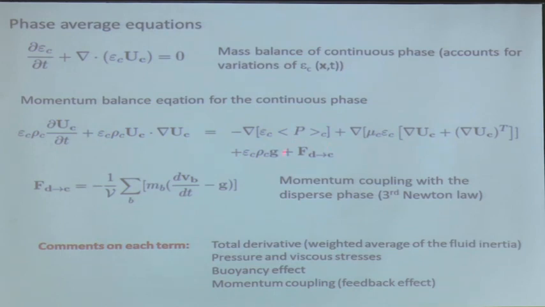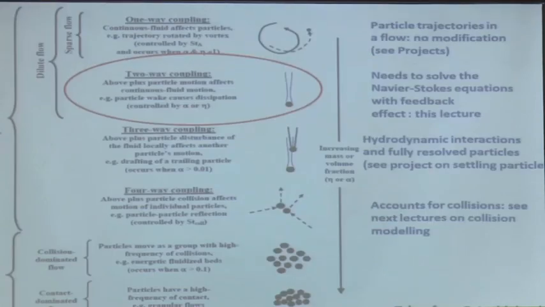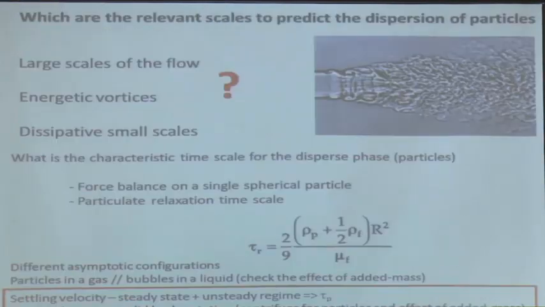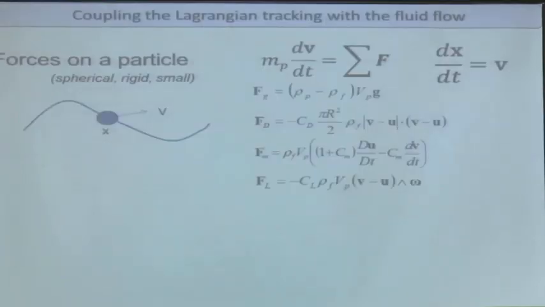And the last term, which is here, is the momentum exchange. Okay, when you write the force balance on the particle, when you write this equation, so this is the second Newton law, so you say that the acceleration of the particle is related to all the forces acting on the particles, and many of those forces are related to the fluid action on the particle.